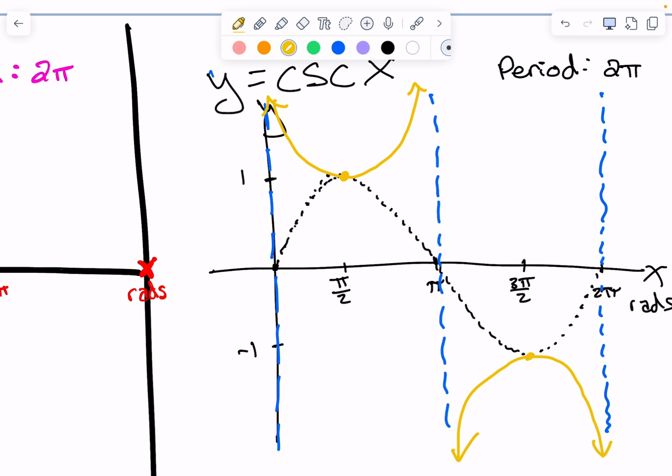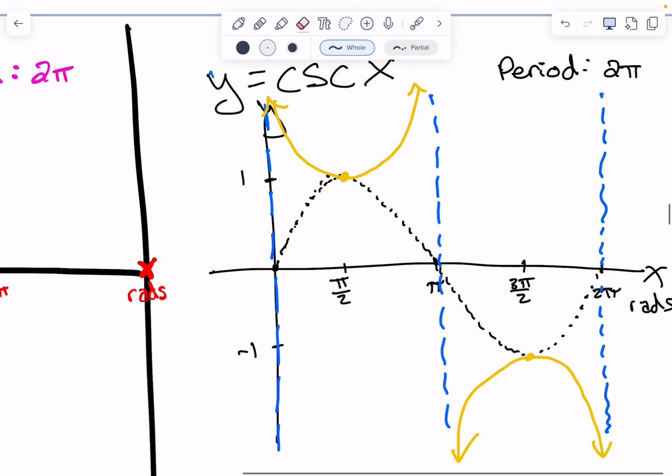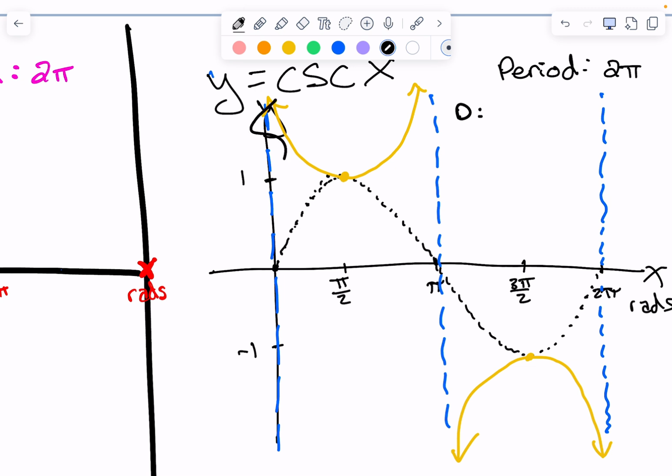Okay, so let's talk about domain and range. Domain, let's put him right here. He's going to go left and right forever, except he won't touch wherever these vertical asymptotes are: 0, pi, 2 pi. So how do I write that for domain?